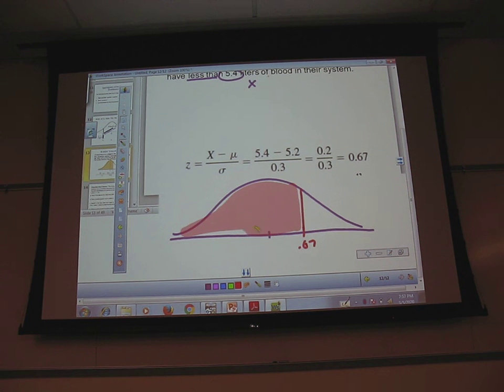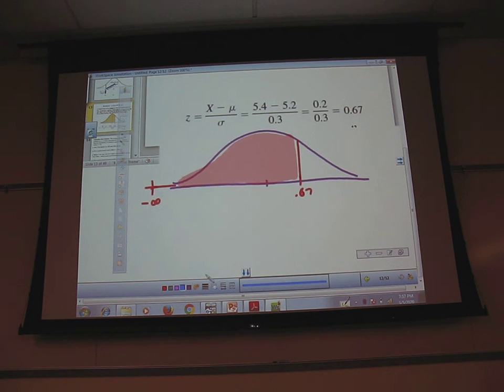If I'm going all the way to the left, I'm going to have a little z-score way out here, which is going to be negative infinity. What's the last thing I do? Normal CDF of any large number, would you say? Negative 169, sure. Comma, 0.67.